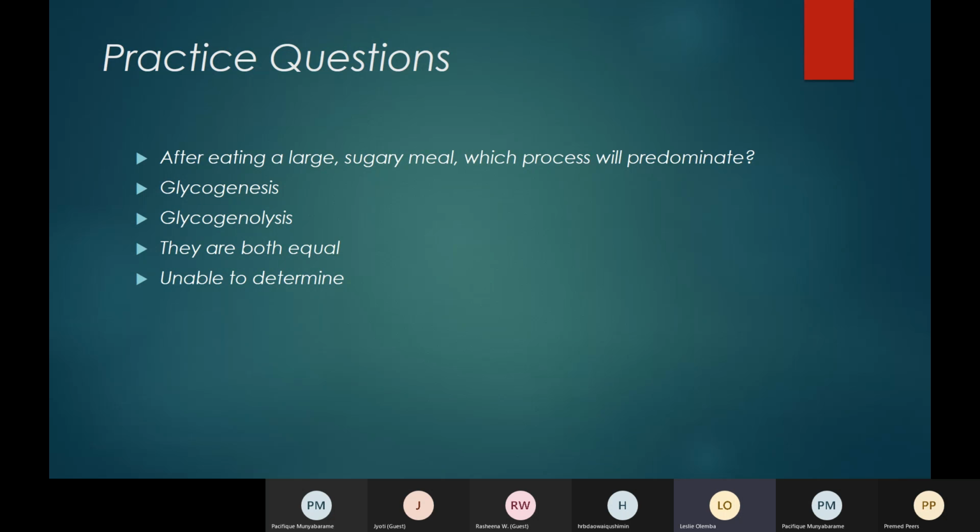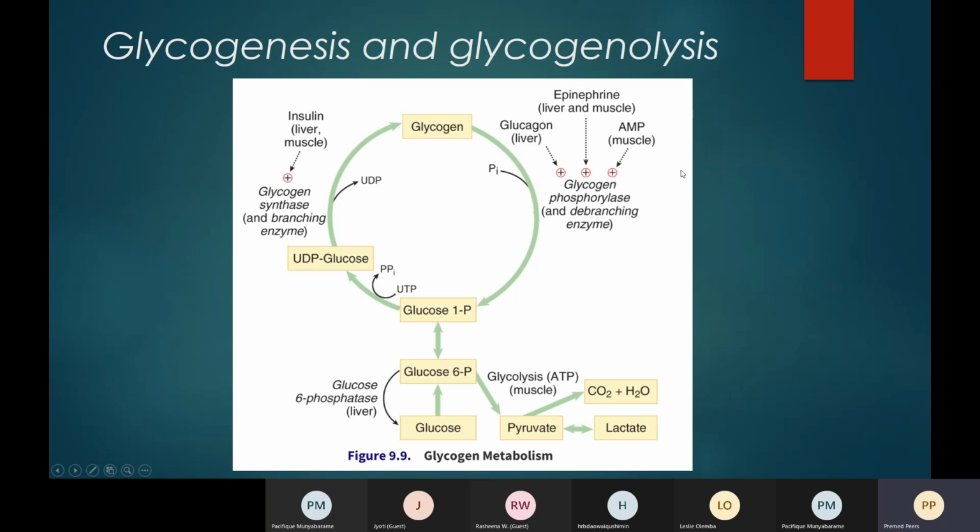Would it be the first one, glycogenesis? Yes. We have extra glucose, so let's store some of it.